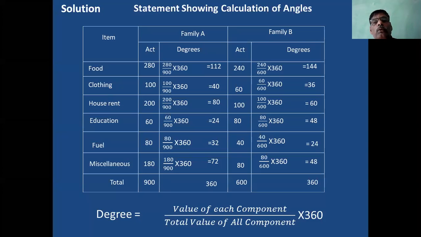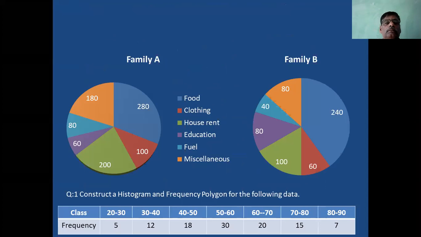With the help of the protractor, you measure and divide the circle based on degrees, as already explained in the previous problem. I'll not go through it again. You see that video and prepare the sector diagram. This is the sector diagram.